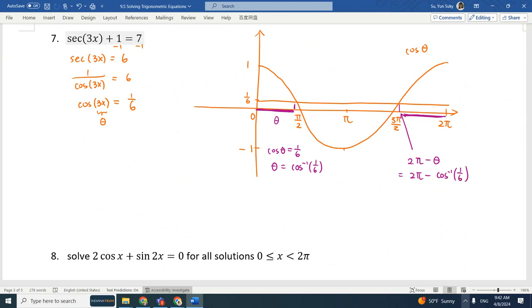But be careful. Theta is 3x. So theta is 3x. You get the two solutions, and they're actually about the 3x. So you get 3x is the arc cosine 1 over 6, or 3x is the 2 pi minus arc cosine 1 over 6.